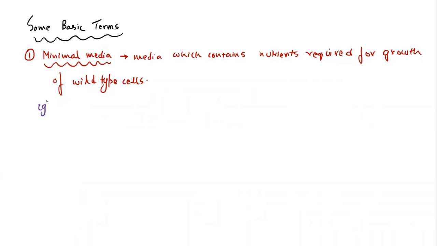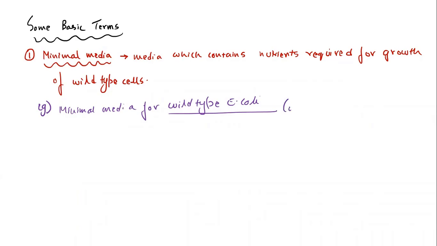For example, let's say we talk about minimal media for wild type E. coli. This is quite important. Wild type meaning which can synthesize each and everything by itself. So minimal media of wild type E. coli consists of a few basic things, right?